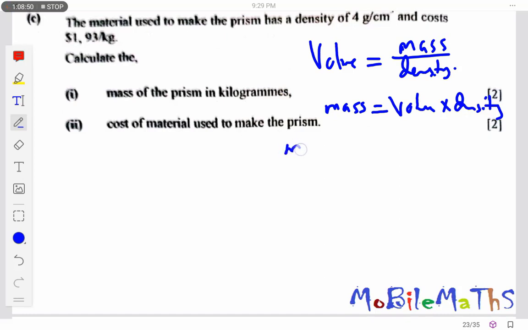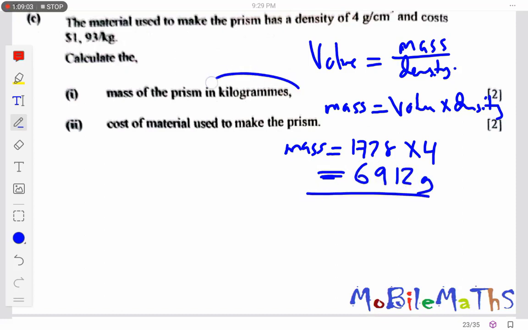So it means our mass is going to be equal to 1728 times 4. When we multiply this, we get ourselves 6912 grams. But they said they want the answer in kilograms. So 1 kg is equal to 1000 grams.